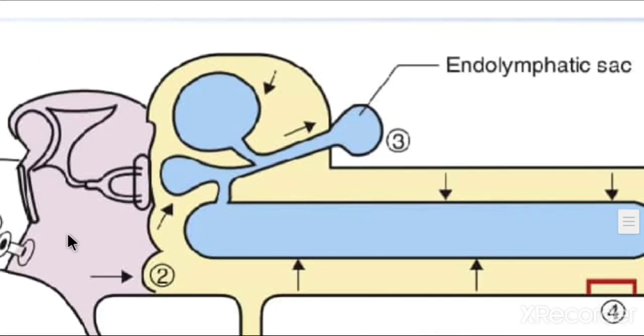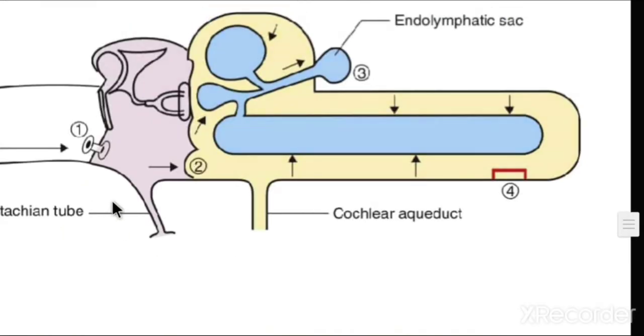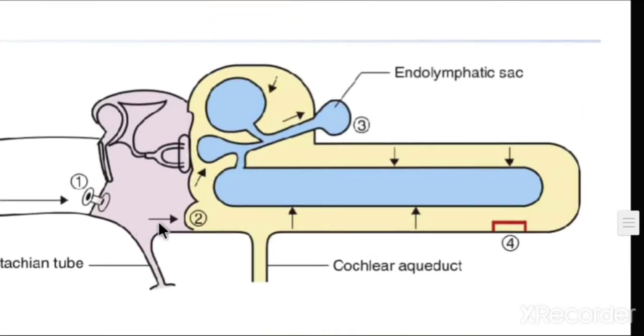Now, this is the figure of the Meniett device. In Meniett device insertion, there is a grommet, which presses on the round window so that there is compression of the perilymph and the endolymphatic membrane gets compressed, so there is slight release of pressure.